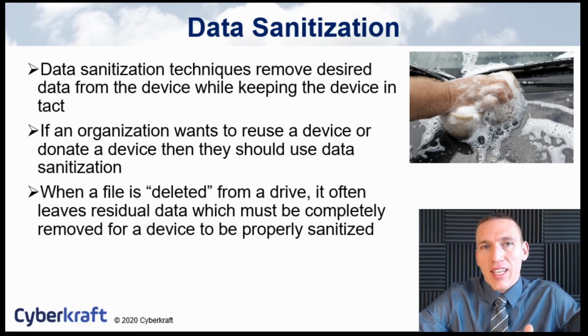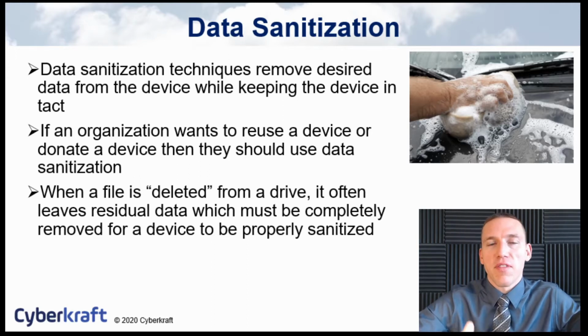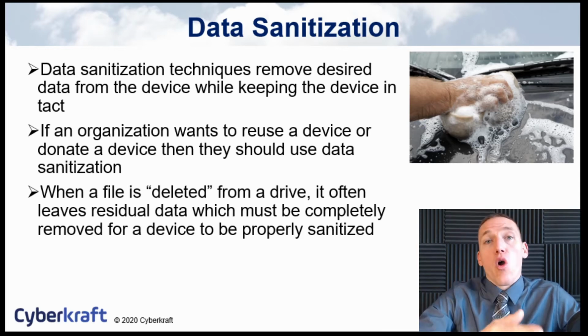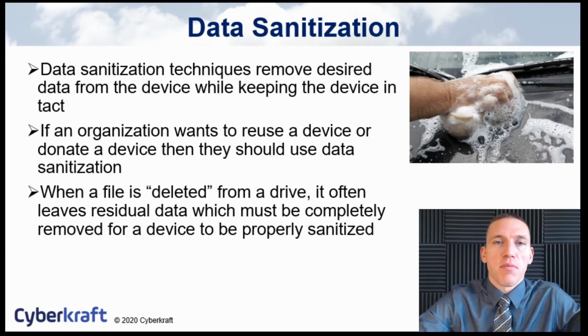When a file is deleted from a traditional hard drive, it's not removed entirely. What happens is that the file is marked to be overwritten. The file system doesn't delete or purge the information from the drive right away.